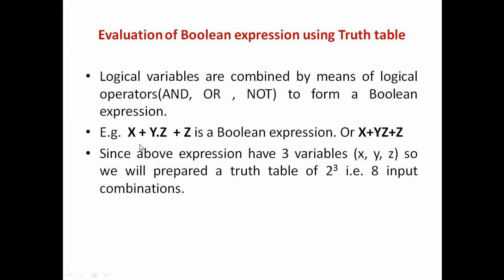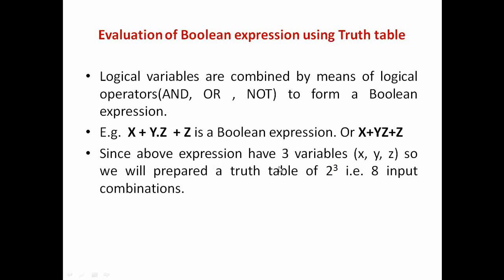For example, x + y·z + z is a Boolean expression, which can also be written as x + yz + z, instead of y·z we can also write yz. So that means the dot operator is optional.